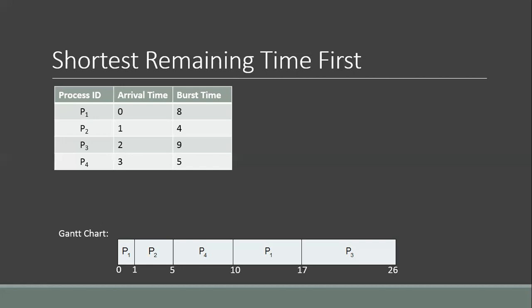Obviously, the burst time of process P1 is smaller as compared to the burst time of process P3, so P1 will be allocated the CPU. P1 will release the CPU at time 17, and then process P3 is the only process in the ready queue. So this process will be selected for execution, and this process will complete its execution at time 26.